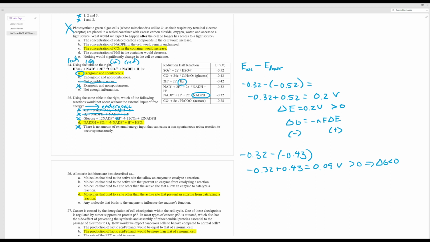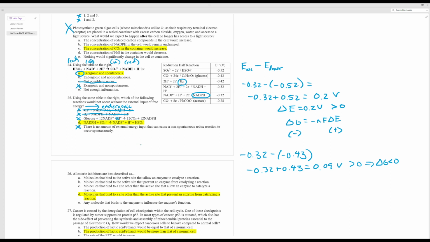Now, if we do D, which by process of elimination has to be the correct answer, we have NADPH, which is reduced, and SO4 2 minus, which is oxidized. So you have a valid redox reaction. You have a reduced thing and an oxidized thing. Our donor is NADPH. Our acceptor is SO4 2 minus.